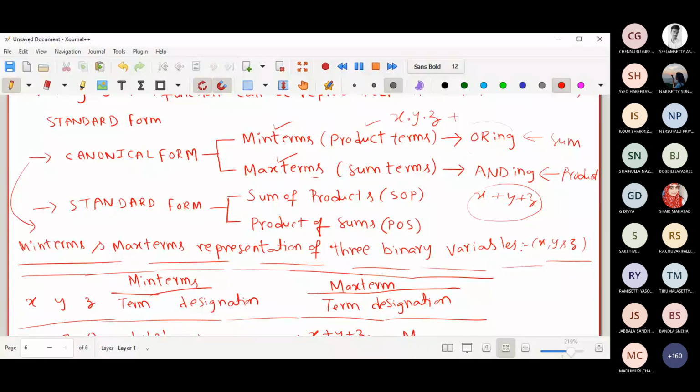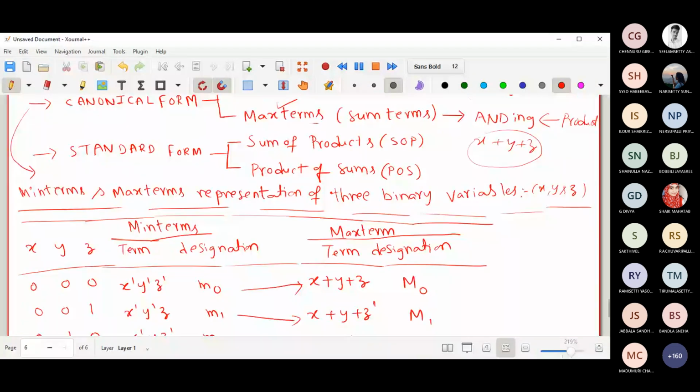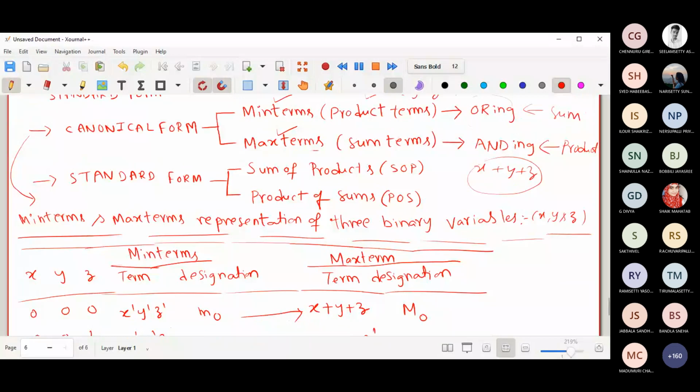Just get an idea from what I have drawn here for canonical form and standard form. If we go deeper, we can easily understand. Now, first of all, we'll move to the canonical form.